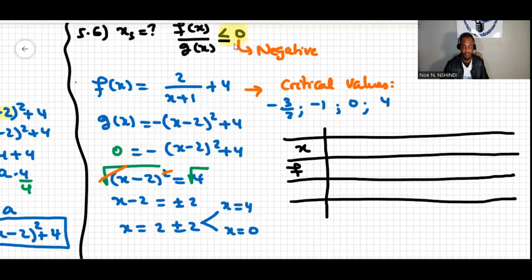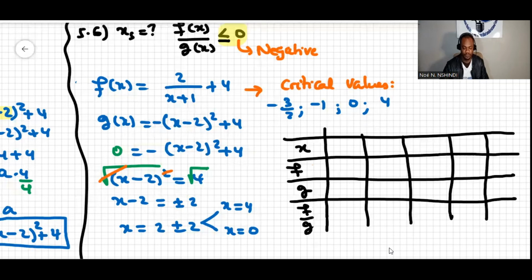Here should be f of x, then g of x, and then f over g. Now let me place the critical values in ascending order: -3/2, -1, 0, and then 4.